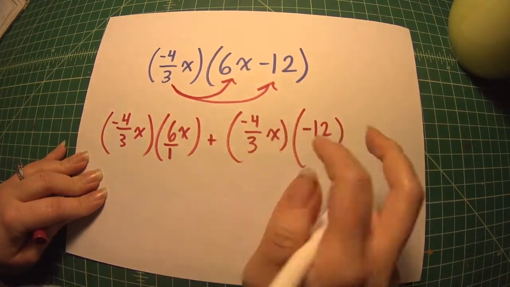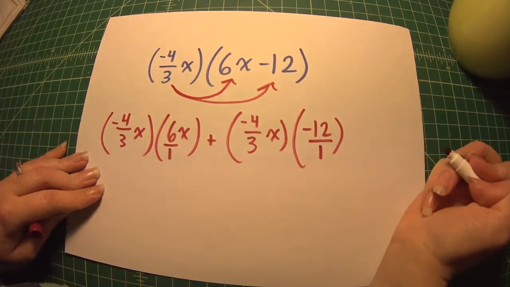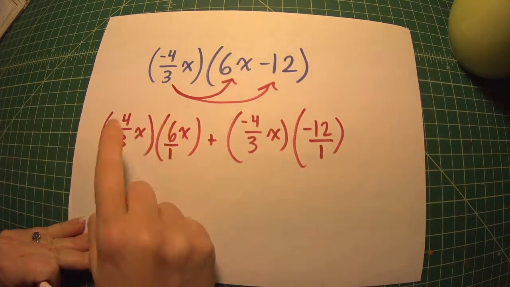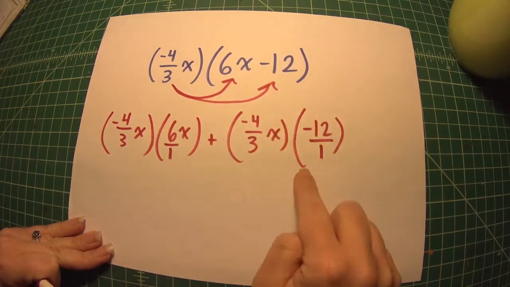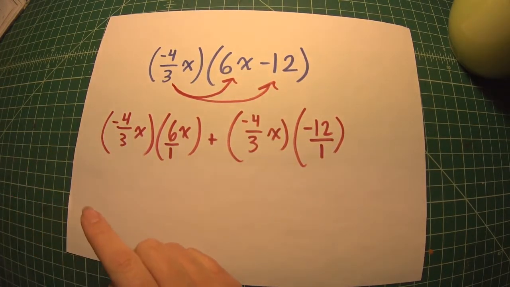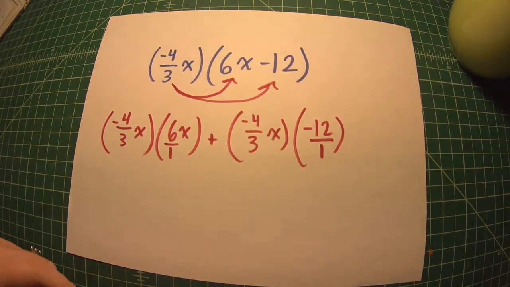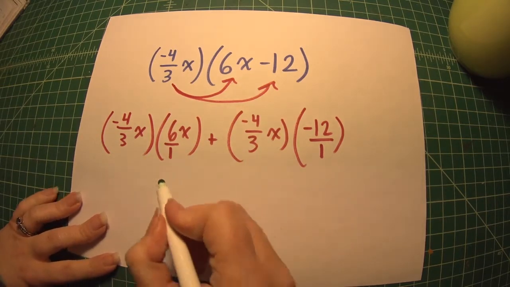Again, different forms. Put the whole over 1. Now you could either go right away and just do top times top, bottom times bottom. But I always like to cross cancel first, just to get my fractions as low as I can so that my answers are lower. Then you end up with less work to do in the end.